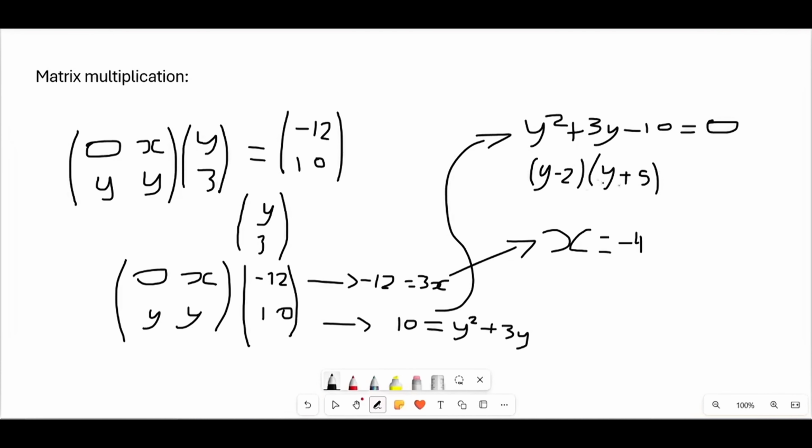And so here you can tell that y is going to be 2, like I said, but the reason we actually solve it and don't just go off of what I eyeballed is because it's also minus 5.